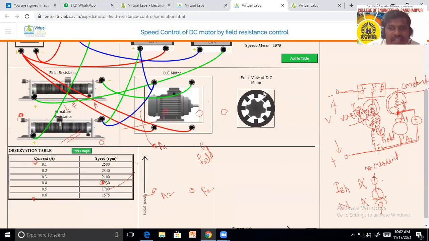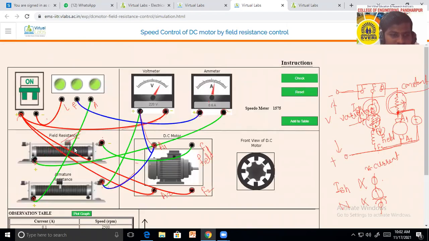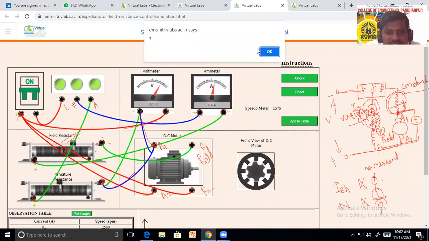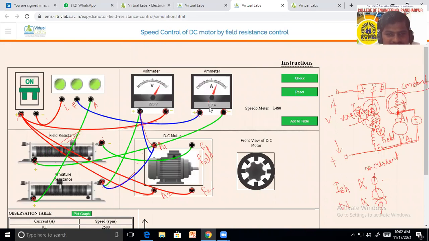Just add this value to the table. Similarly again, the current increases to 0.7, and the speed decreases to 1480 revolutions per minute. Just add this value to the table.